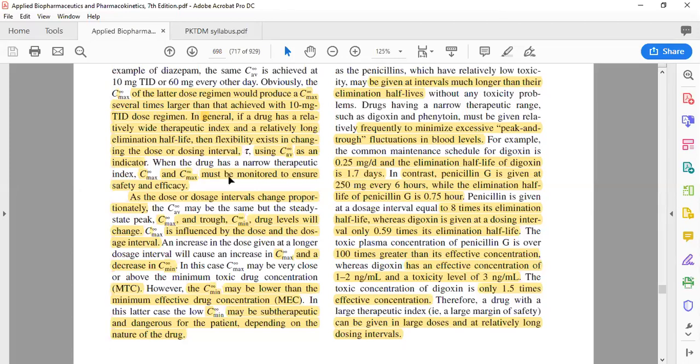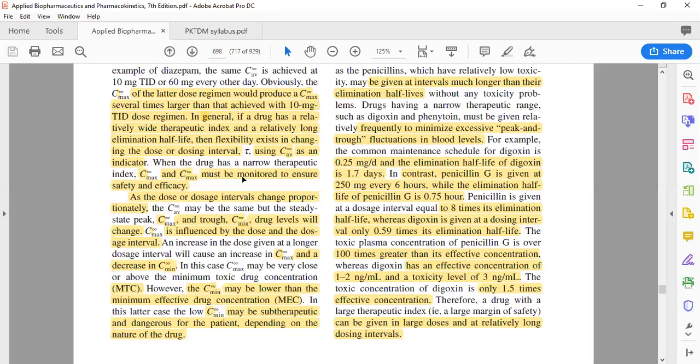That can go into the toxic range as well, right? And if you are giving every other day, that means once in 2 days, the C minimum can go lower than the minimum effective concentration also, because the gap is large.